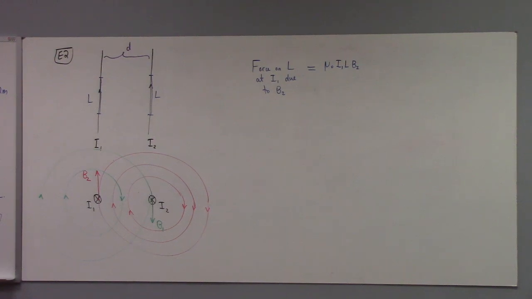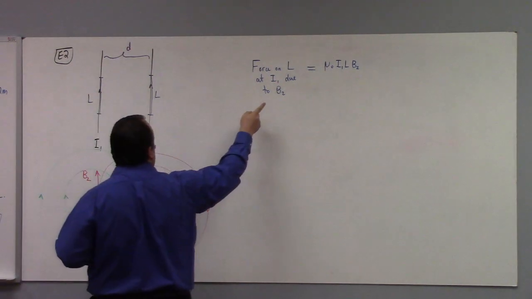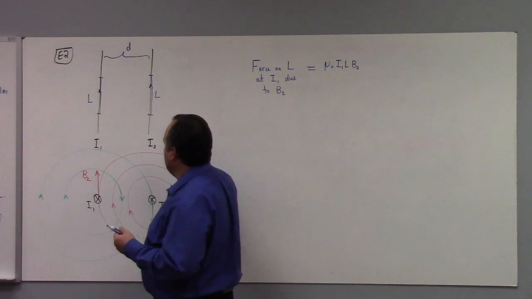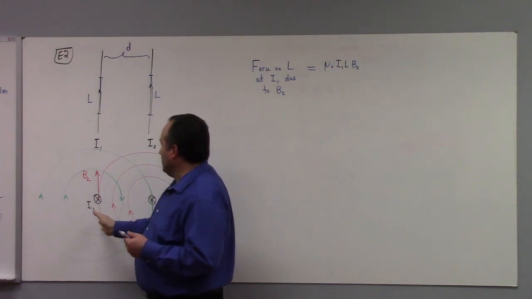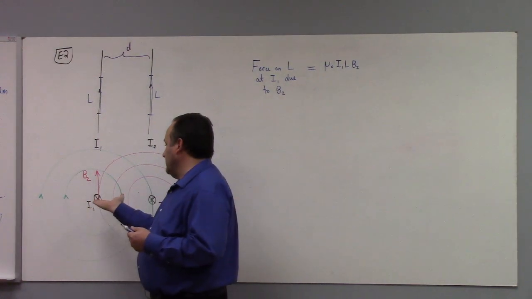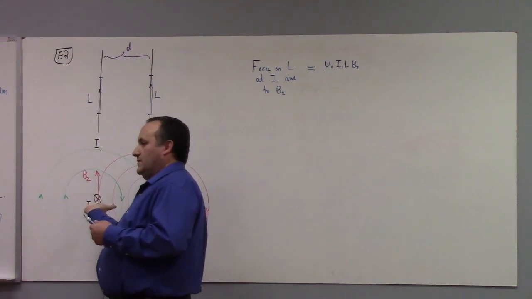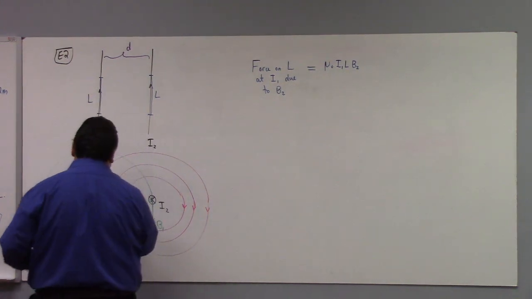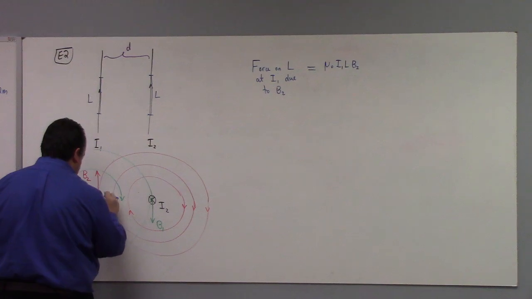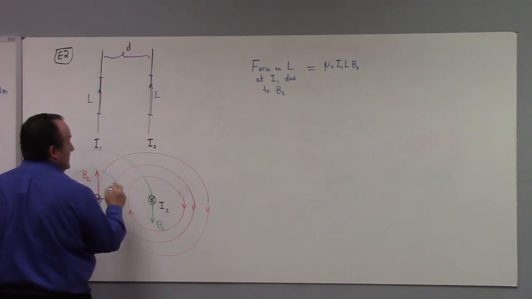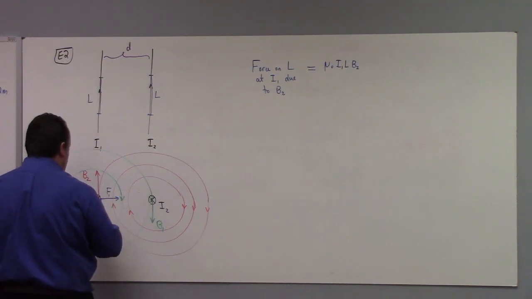Make sure I haven't remembered this wrong now. Now, why don't I need the cross product here? Why is it just multiplying? Force on I1 due to 2. You notice that the magnetic field's perpendicular. So we do I1 crossed into B2. The force is like this. I'll call it F1, force on 1.